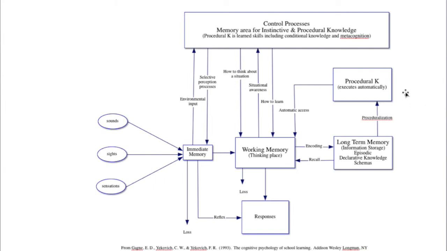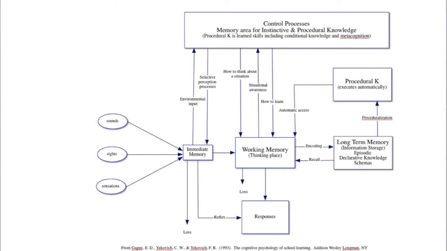But the other piece is you can think about a whole sequence of steps without having to think about the sequence of steps if it's been proceduralized. So even though working memory is limited, if you're able to create schemas and if you're able to create procedural knowledge, you're able to use the combination of those two to think with complicated information.